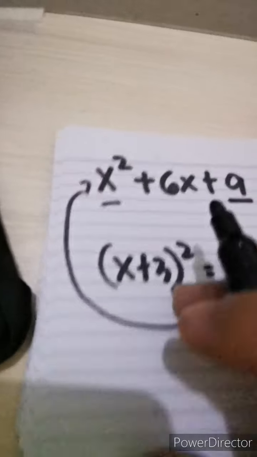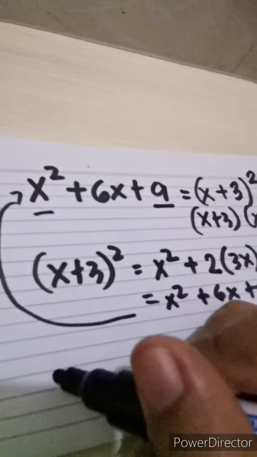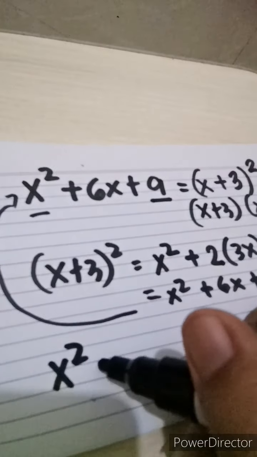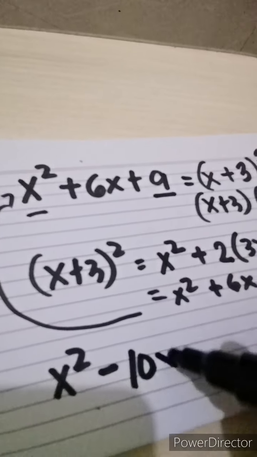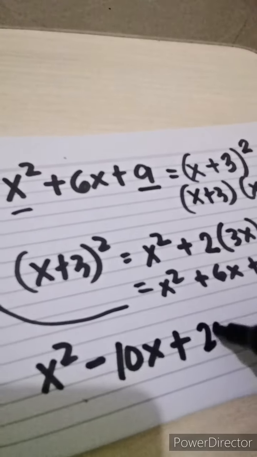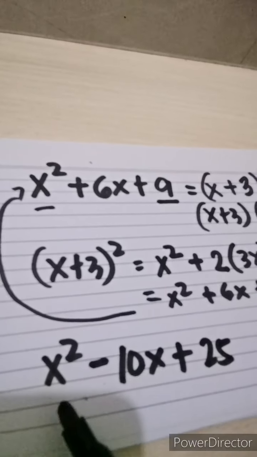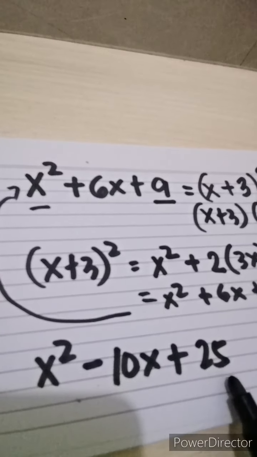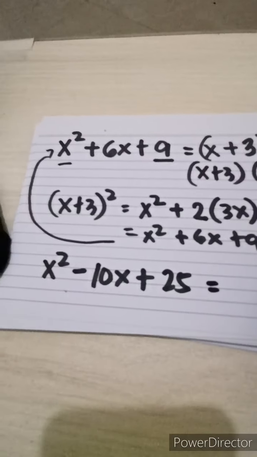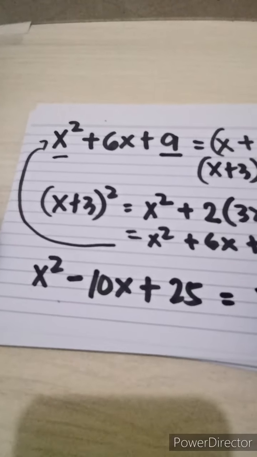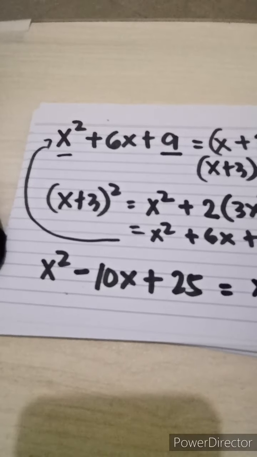Halimbawa naman, x squared minus 10x plus 25. So, nakita natin, perfect square yung unahan, perfect square yung hulihan. So, ang gagawin natin dyan, okay. So, get the square root. So, we have x, 25.